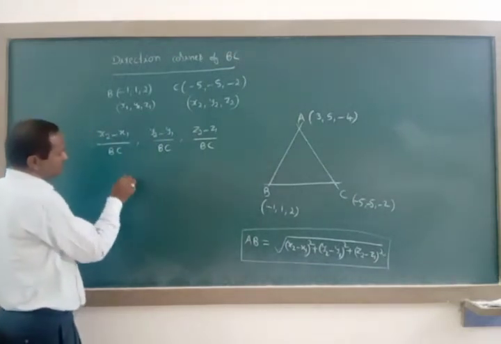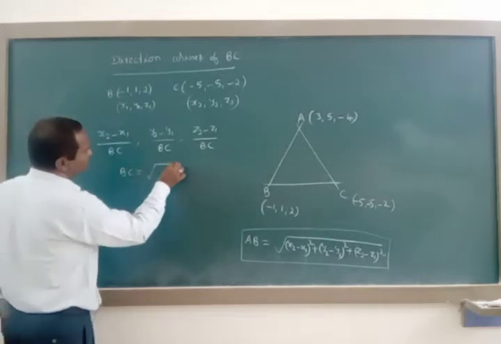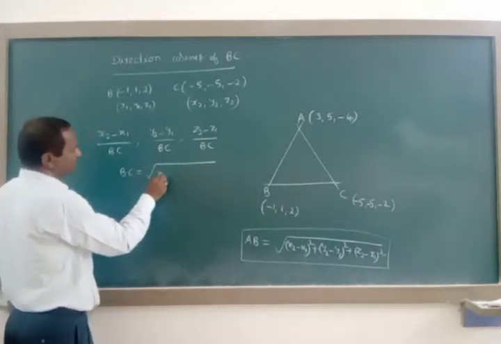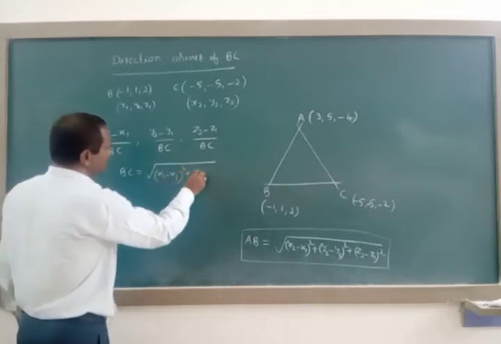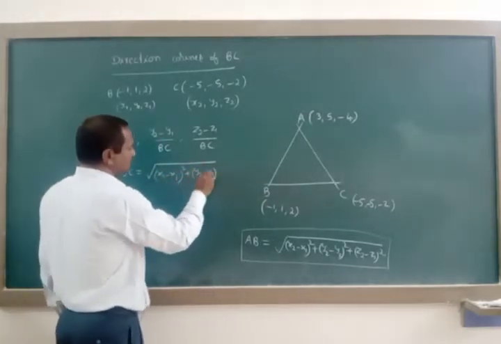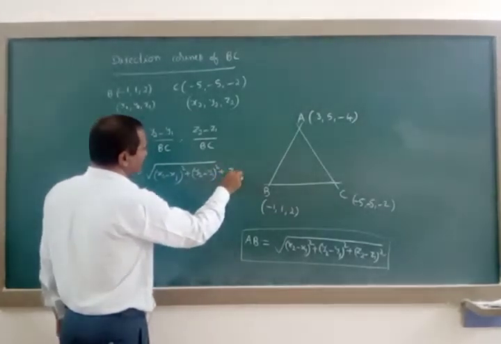BC is equal to the square root of (x2 minus x1) whole square plus (y2 minus y1) whole square plus (z2 minus z1) whole square.